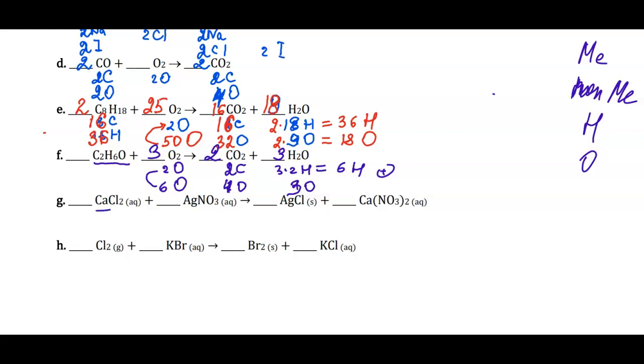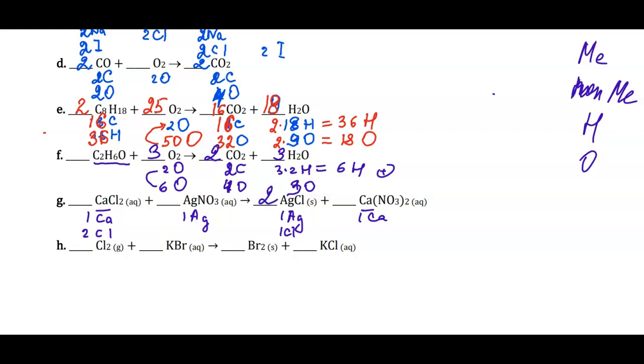Calcium, one calcium, right? Or you can write it down, one calcium. Then another metal, one silver, another silver, right? Okay. Non-metals, 2 chloride, then 1 chloride. Okay, we found it, right? 2 chloride, 1 chloride.